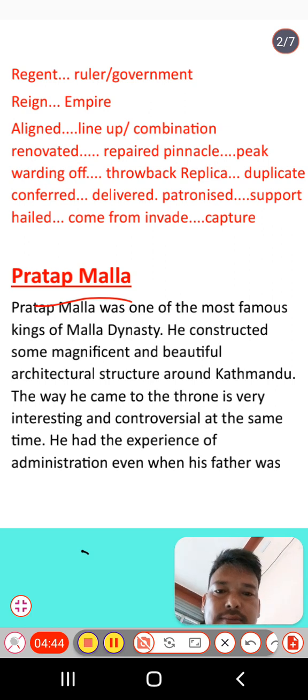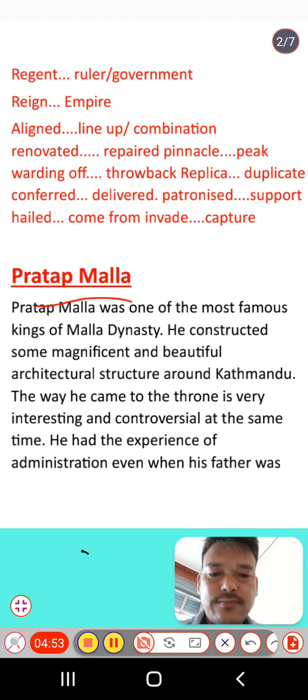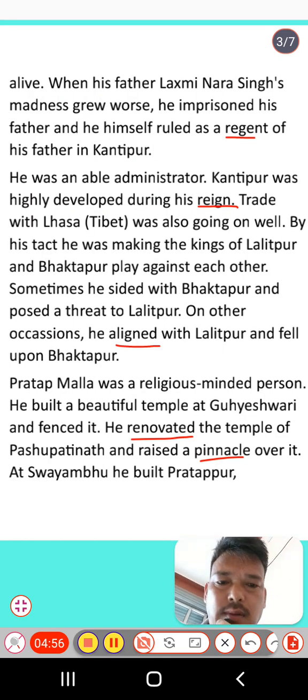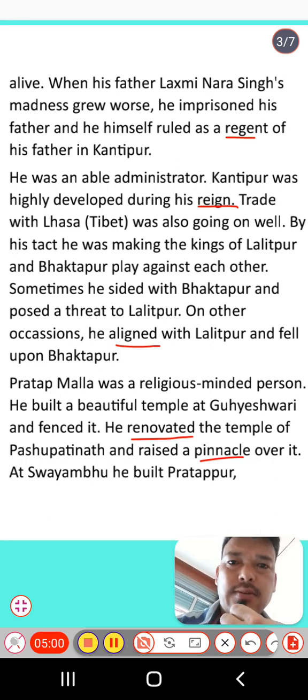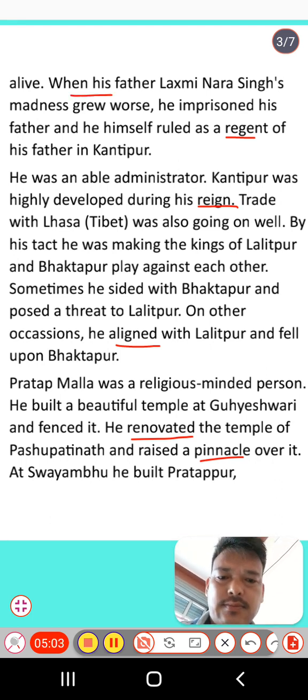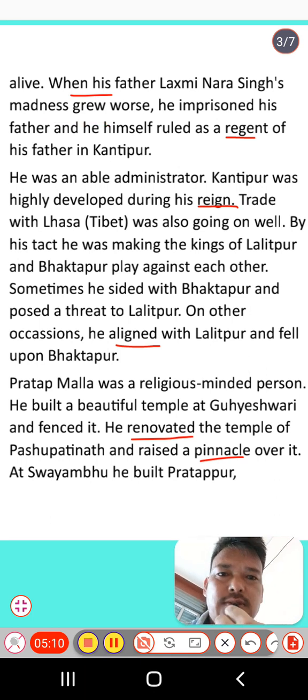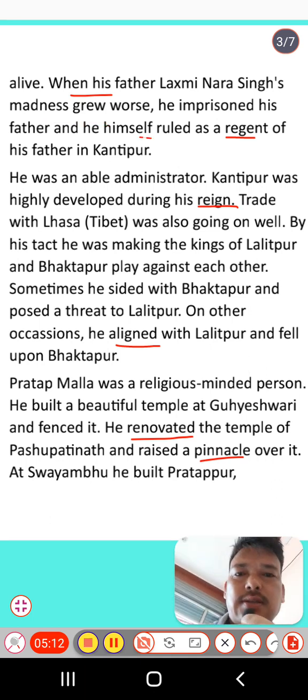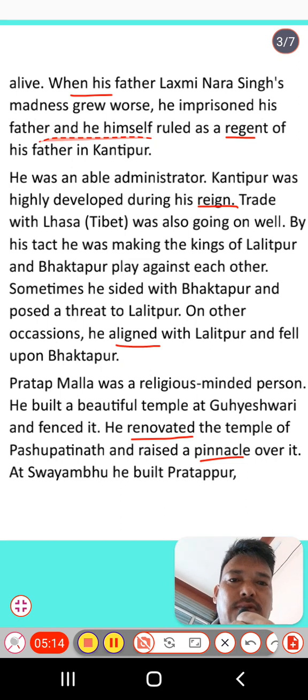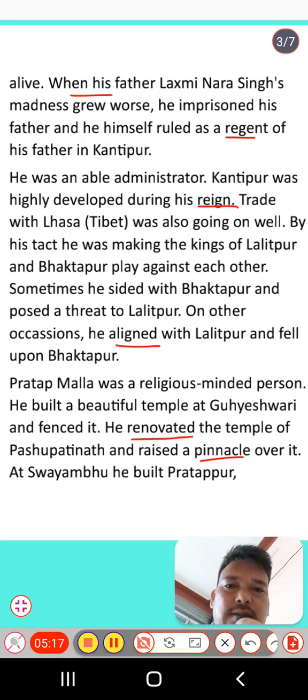He had the experience of administration even when his father was alive. When his father Lakshmi Narayan Singh's madness grew worse, he imprisoned his father and he himself ruled as a regent of his father in Kantipur.